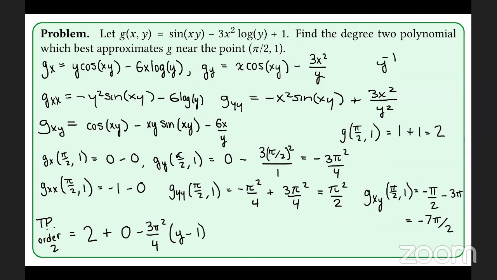And now we do the second order terms. So we do plus 1/2. Yeah, I see what he was talking about now. So we're going to have x minus pi over 2, and this guy here is negative 1.